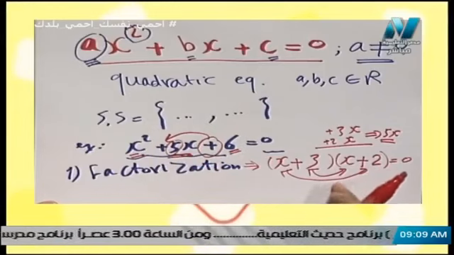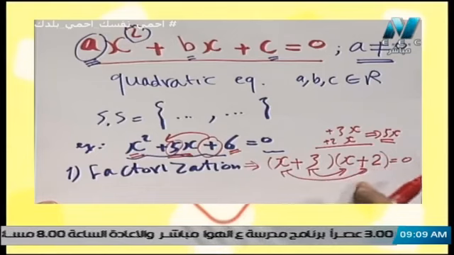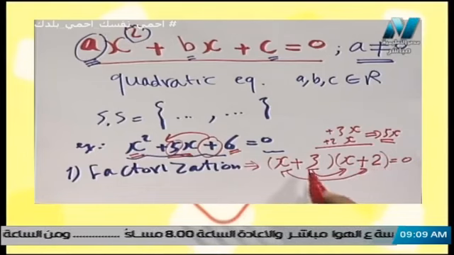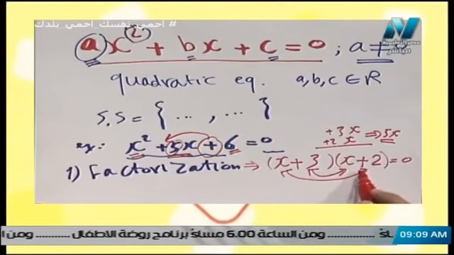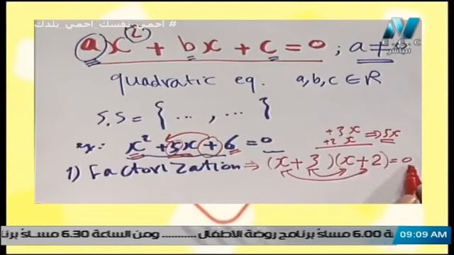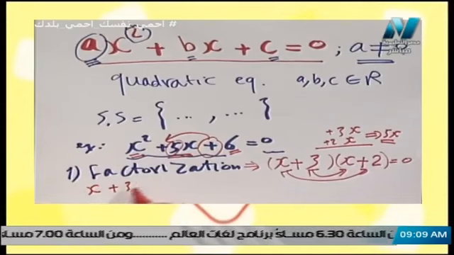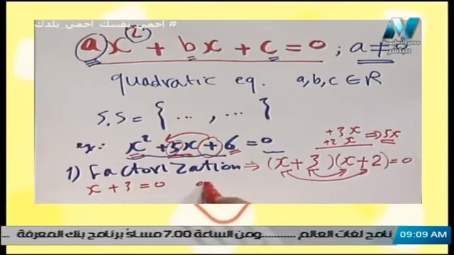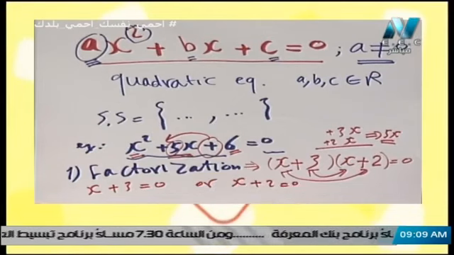So we have that the factorization is right. Okay, if we have two brackets multiplied by each other and the product equals 0, then the first one equals 0, or the second one, x plus 2, equals 0.